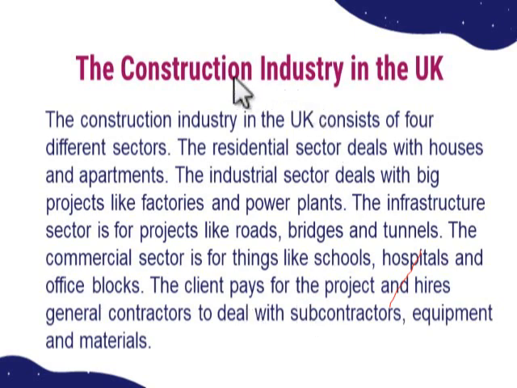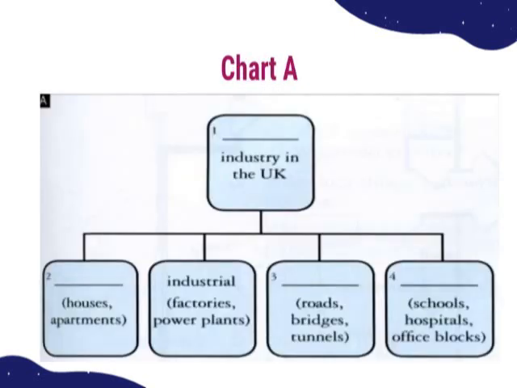Okay, so after you understand this text, I have provided a chart. There will be chart A and chart B. For chart A, you have to fill in the blanks, for number one, number two, number three, and number four.